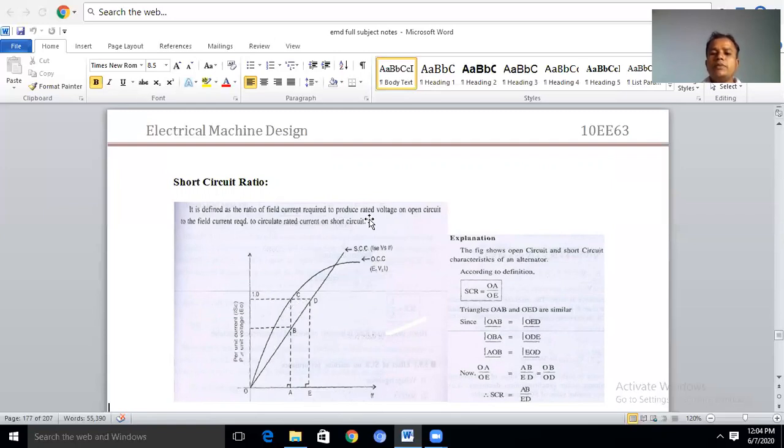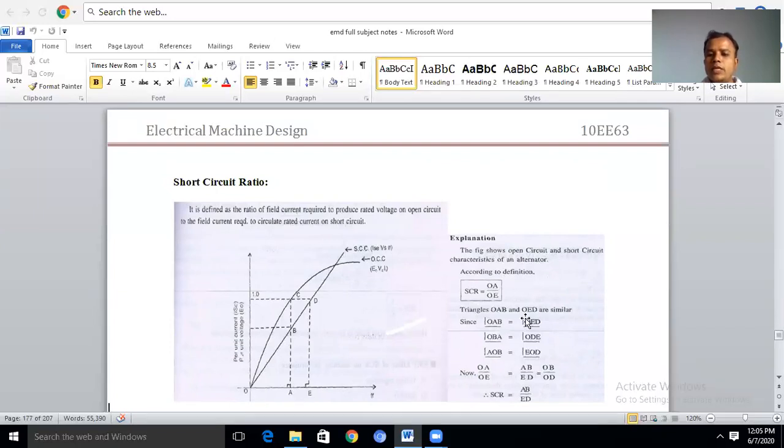These are the two graphs drawn. This is SCC and this is OCC. The figure shows open circuit and short circuit characteristics of the alternator. According to this definition, we can write short circuit ratio as OA divided by OE.